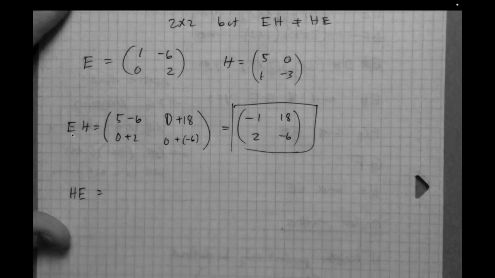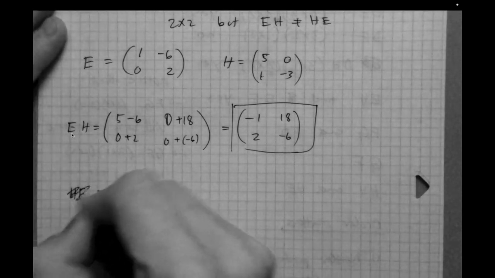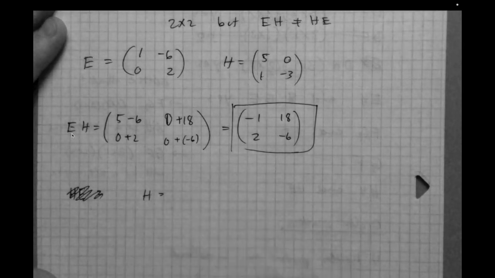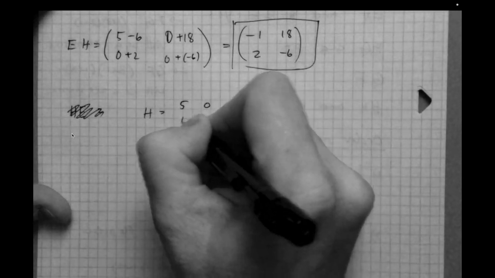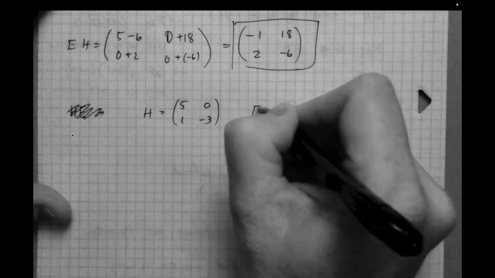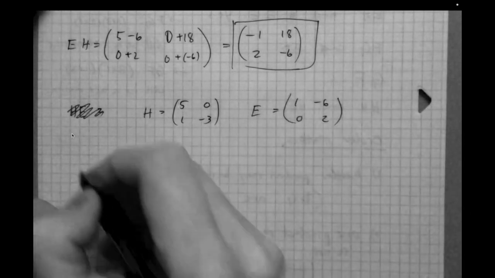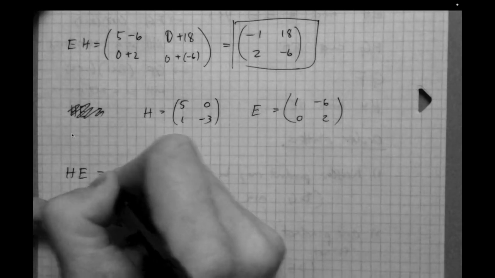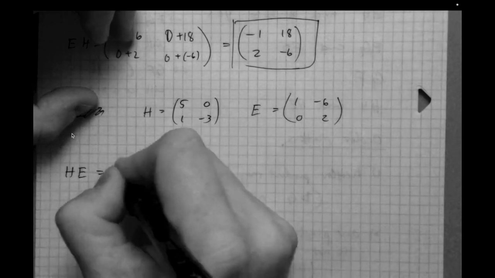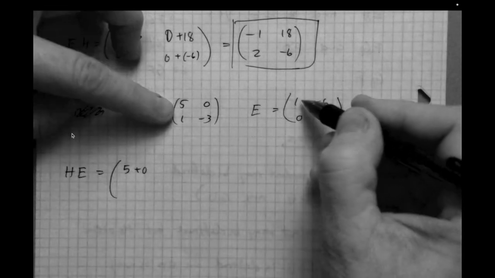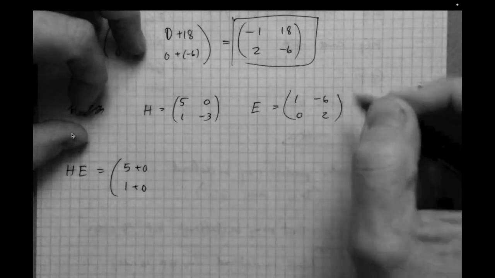Well, it's not going to be the same thing, right? So it's actually helpful to rewrite the matrices. Let's rewrite them here. So H is equal to 5, 0, 1, negative 3, and E is equal to 1, negative 6, 0, 2. Right, so HE, so that's 5 plus 0. And then it's 1 minus 3. 1 plus 0, sorry, 1 plus 0.